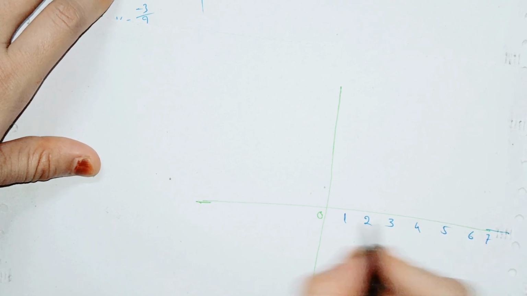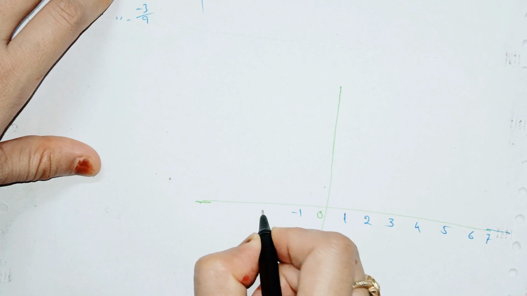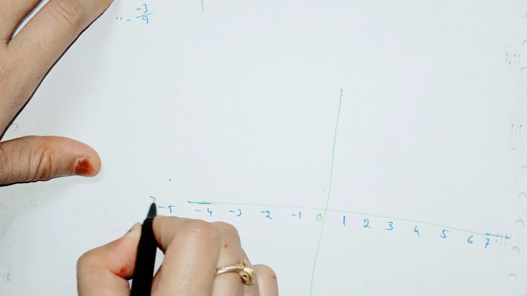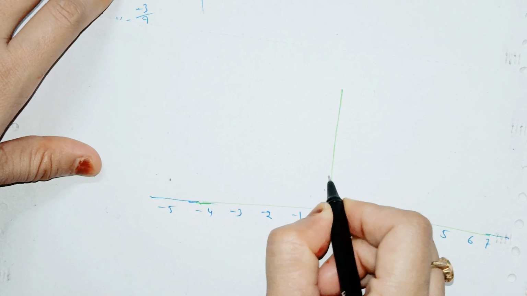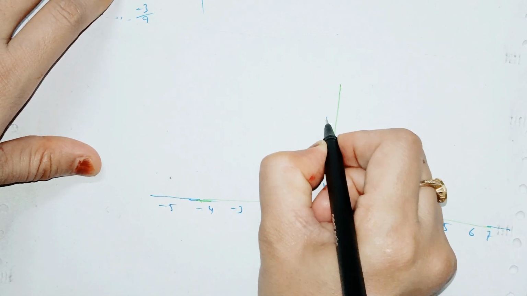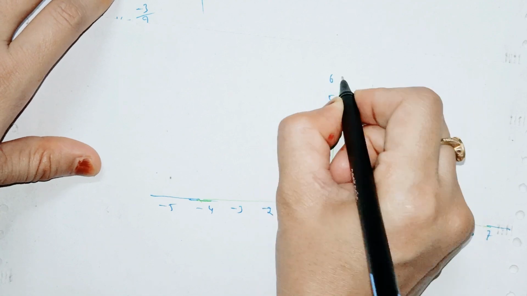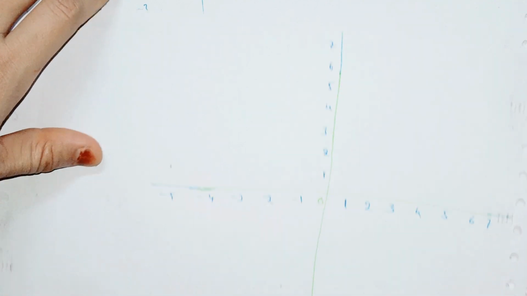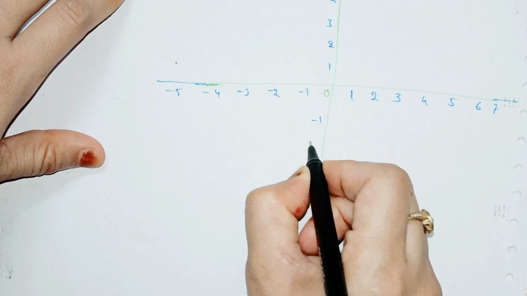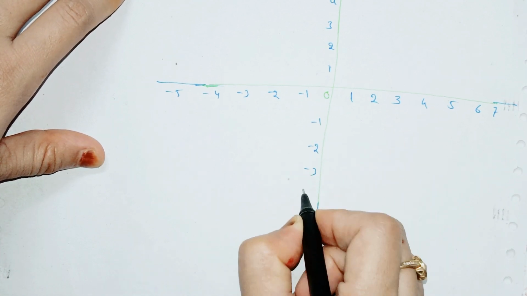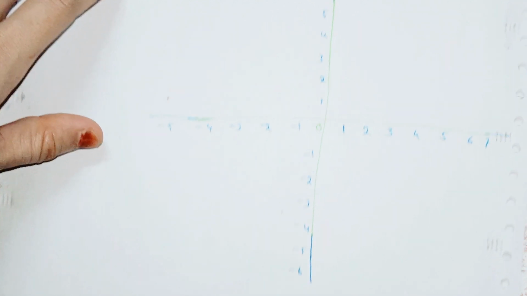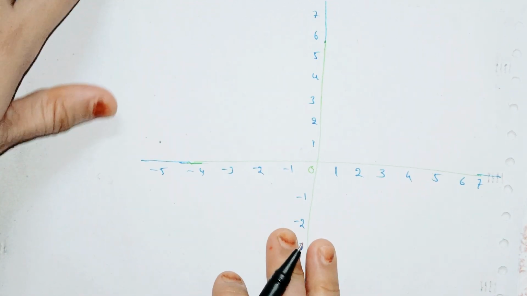This is the x-axis, -1, -2, -3, -4, -5. Okay, in this way here, this is a y-axis, 1, 2, 3, 4, 5, 6, 7. Okay, so this is a y-axis in negative terms, -1, -2, -3, -4, -5, -6. Okay, now we'll try to draw the points on the graph.